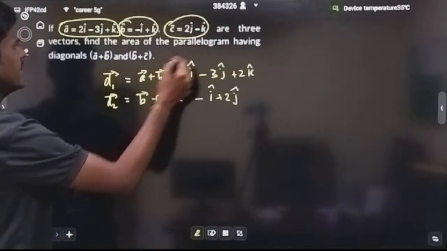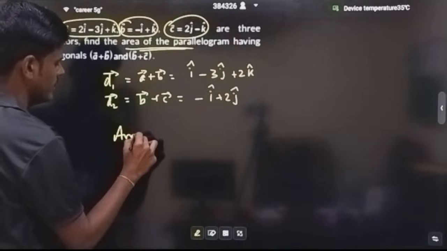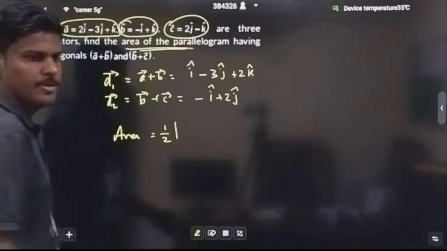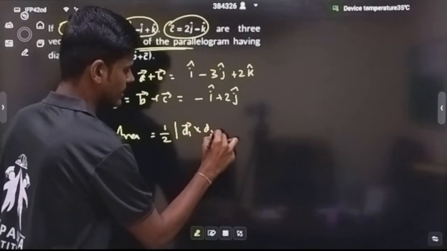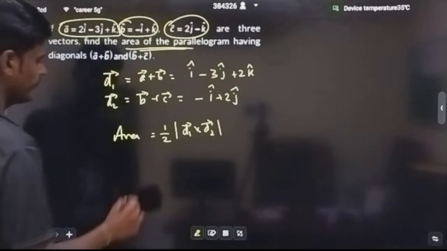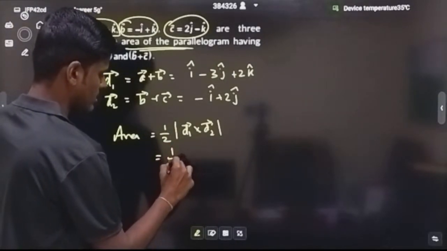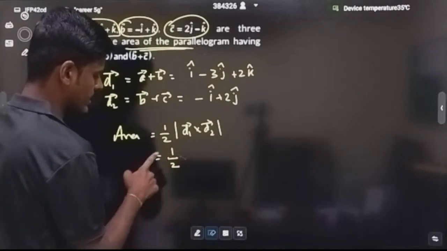Now what is the required area? Area of parallelogram is equal to half of modulus of D1 vector cross D2 vector. Instead of finding this directly, first we will find D1 cross D2.